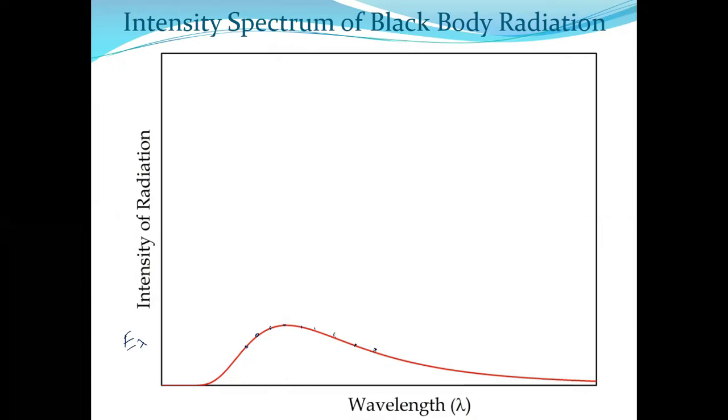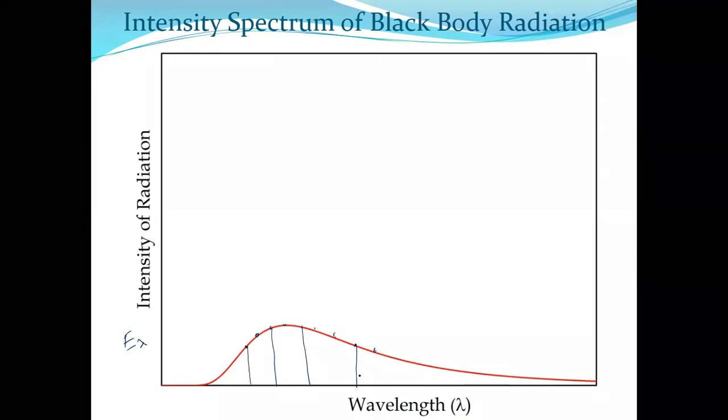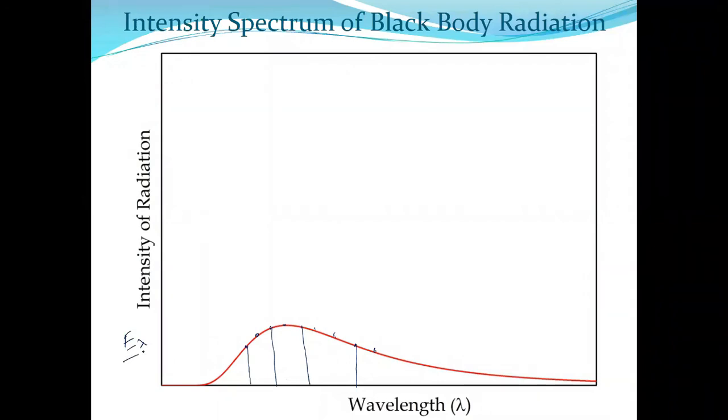Again, this is E lambda for a particular wavelength, this is E lambda for another wavelength, and so on. Now, you are telling me the E lambda values for different wavelengths.